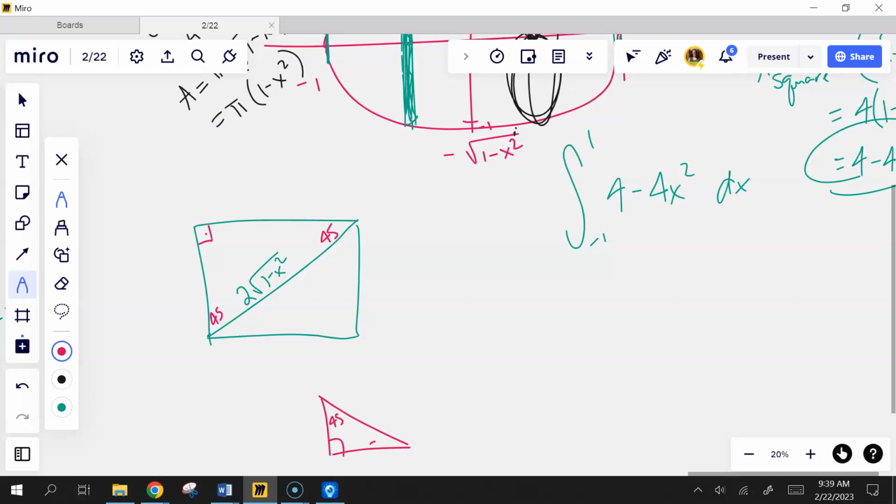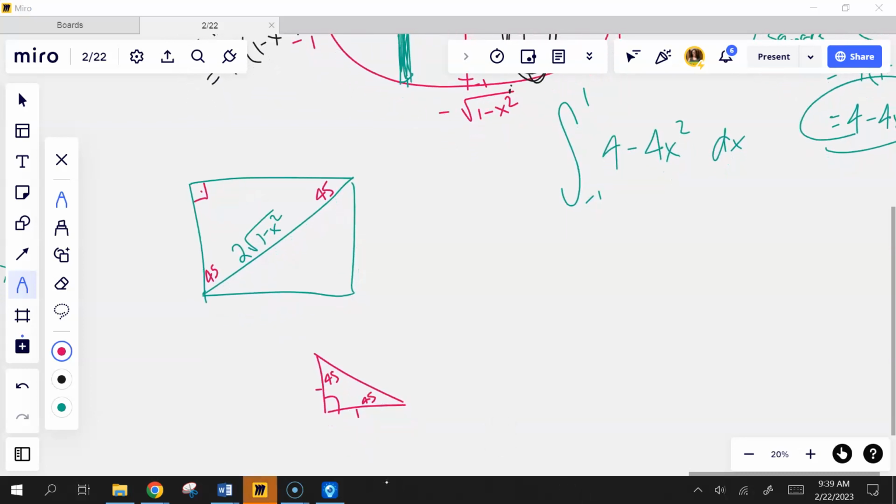If you have a 45, 45, 90 triangle, these sides are the same, right? And then whatever this is, I multiply it by the square root of 2 to get the hypotenuse. That's that special triangle.